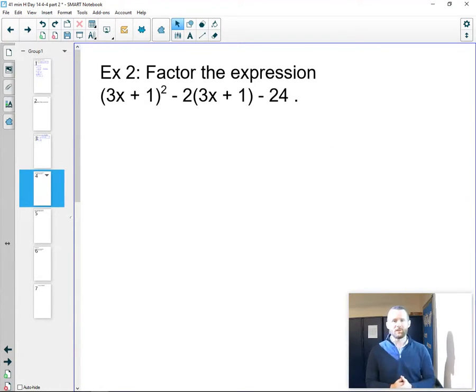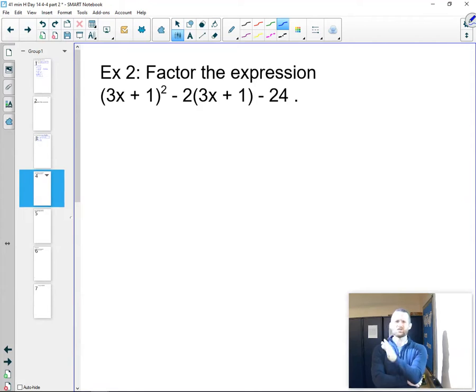All right, example 2. We got to factor the expression 3x plus 1 squared minus 2 times 3x plus 1 minus 24. Ooh, okay, this looks significantly uglier because, I mean, there's just a lot going on here. A lot of students, when they see this problem, their initial reaction is to try and simplify it.